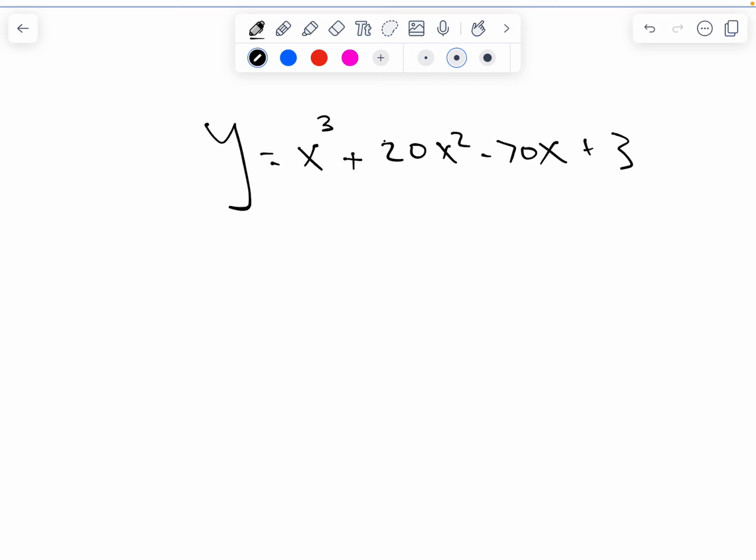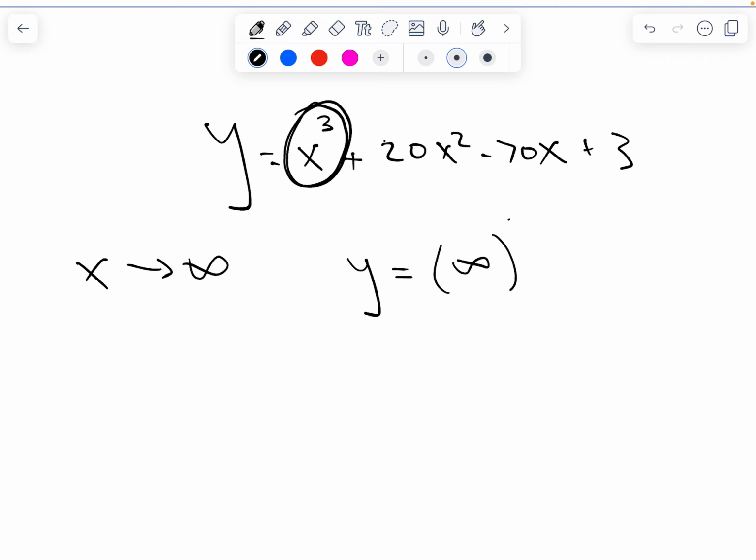Okay, and again, like I said, when your x value is approaching infinity, the only term we're paying attention to is this one. And we're curious, as you get closer and closer to infinity, are you going up or are you going down? Let's think about this. If you have y equals, and we'll just use infinity for now, even though you can't really use it like this, we're going to do it anyway.